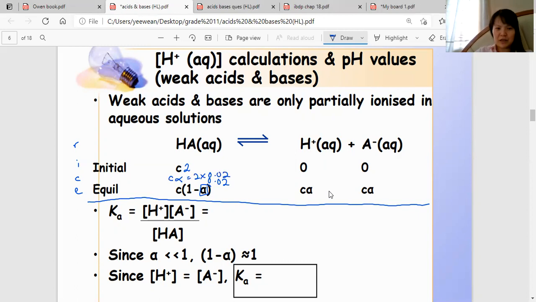So if the change here is 2 times 0.02, the equilibrium for H plus and A minus is going to be that as well, 0.02 times 2. This is an example. This is how we calculate. And what's left behind is C multiply 1 minus 0.02, which is still almost C.